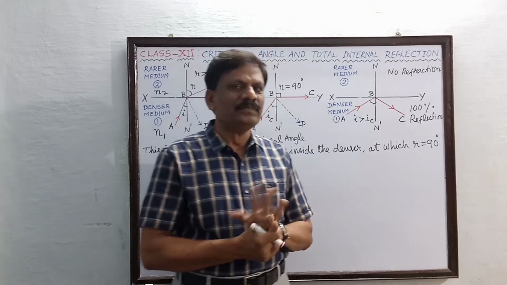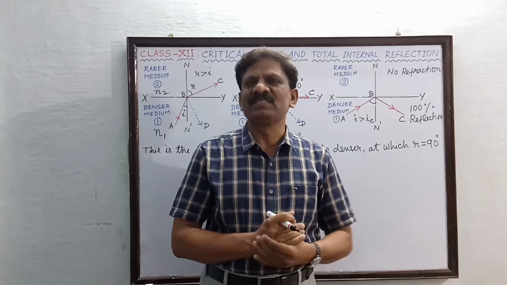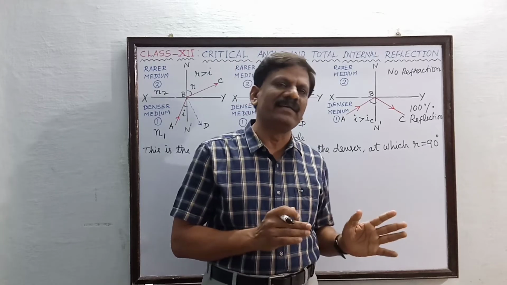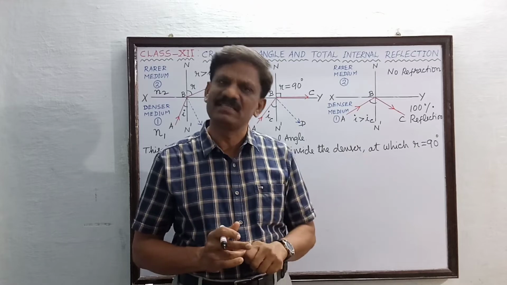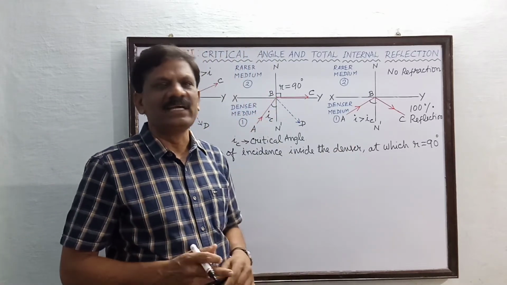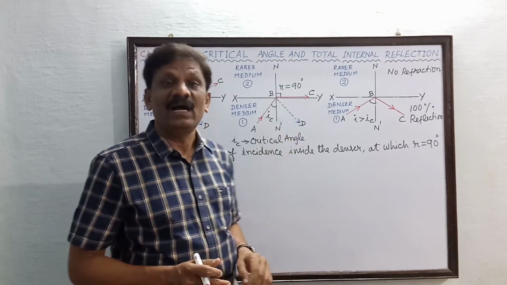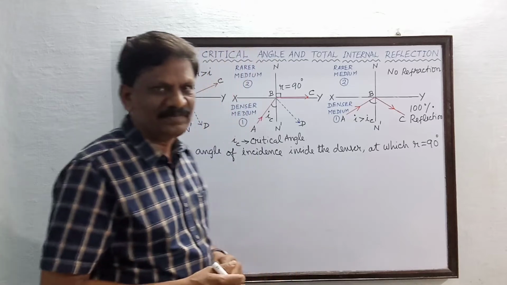Now from this we can get an expression relating the critical angle and the refractive index of the denser medium. Understand that? So we are going to derive an expression relating the critical angle IC and the refractive index of the denser medium, N1.